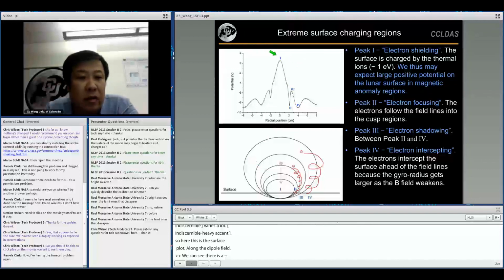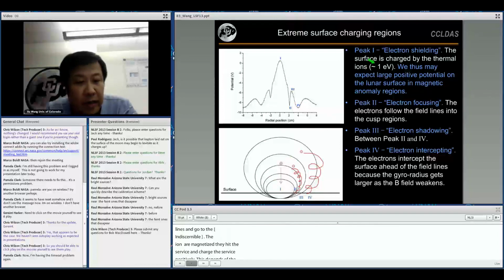So peak 1 is the electron shielding region. What happens is the electron comes to the field, gets magnetized, and follows the field lines to the cusp. But ions are unmagnetized, so they go straight to hit the surface and charge the surface positively. This potential depends on the energy of the ions.